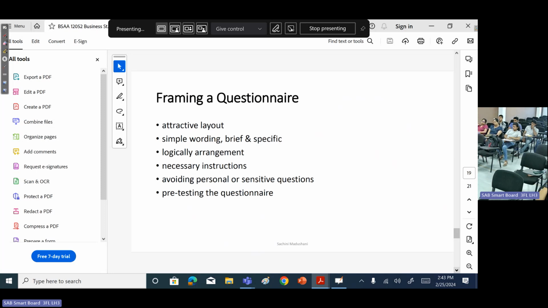Normally, when we finish preparing the questionnaire, before distributing it to the respondents, we share it with our friends or some sample, collect the data, and identify whether there are any issues in the questions. We prepare the questionnaire, distribute it to 10 people to answer, collect the data, and then we can identify any issues.